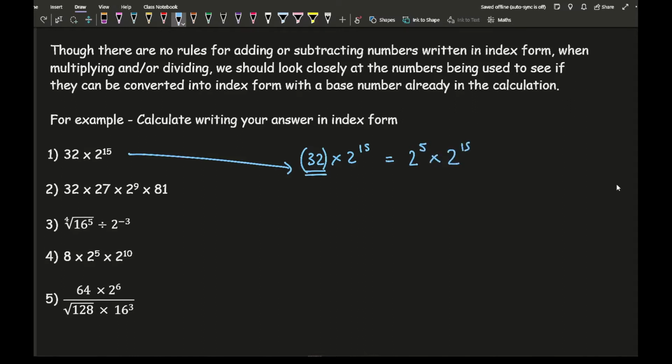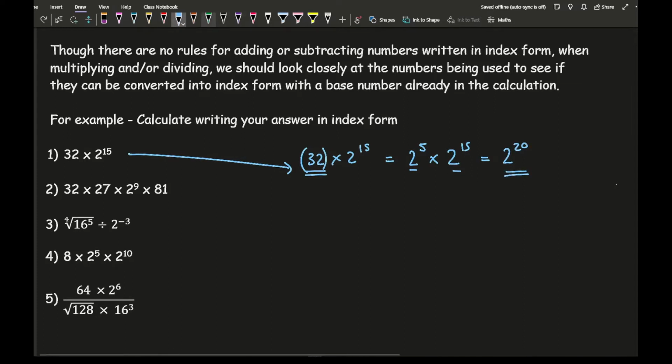All I've done is change this number. The brackets mean absolutely nothing, it's just to identify that I've changed that 32 for 2 to the power of 5. And now because the base numbers are the same, I can apply the rules of indices and, as I'm multiplying, add the powers, so that gives me 2 to the power of 20 as my final answer.